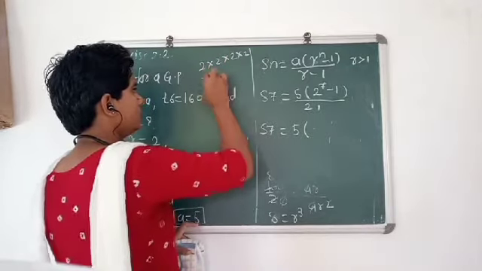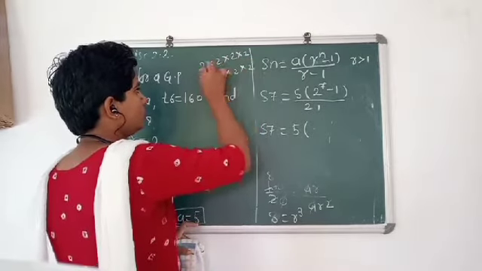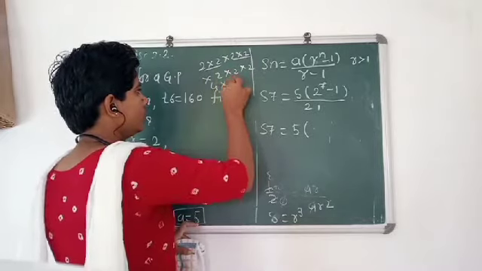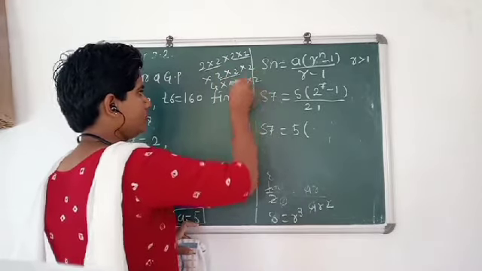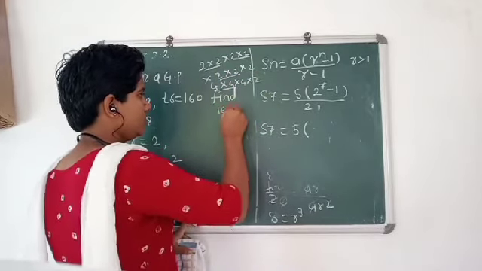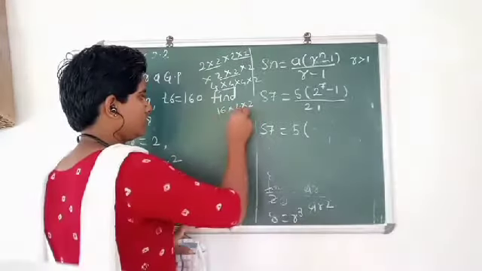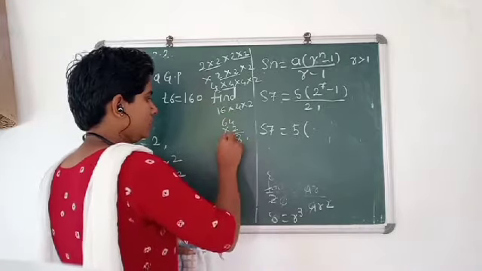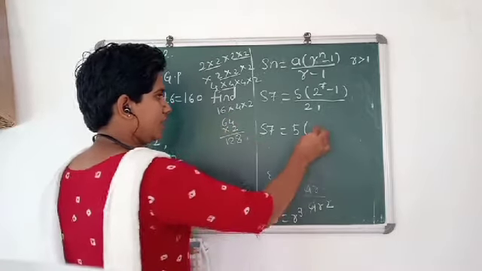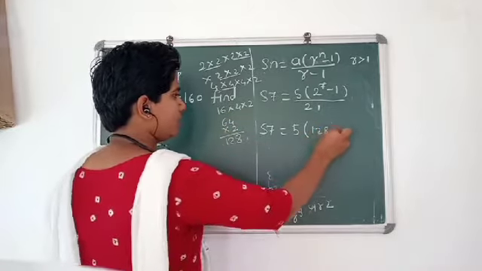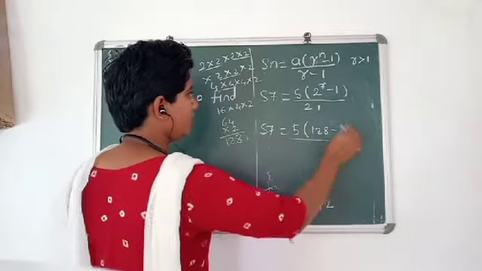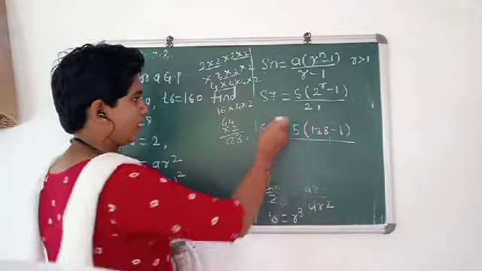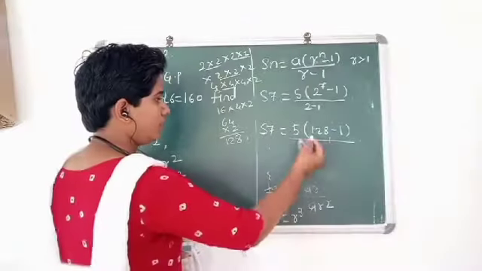2 to the 4, 2 to the 4, again 2 to the 4, multiplied by 2. 4 4s are 16. 16 into 4 into 2, that is 16 into 4 is 64, and 64 multiplied by 2 is 128. 128 minus 1 upon 2 minus 1, which is only 1.